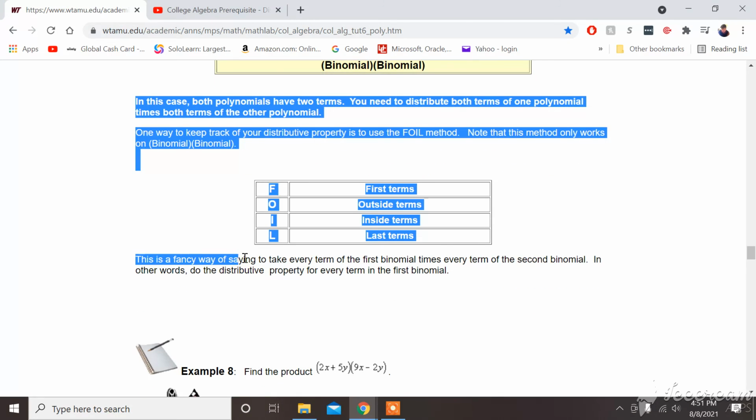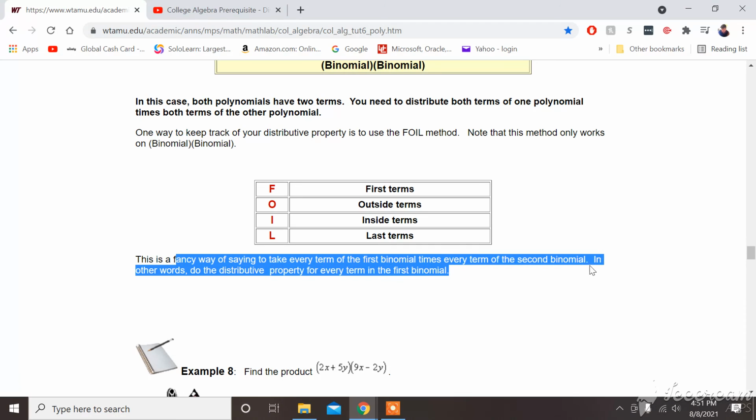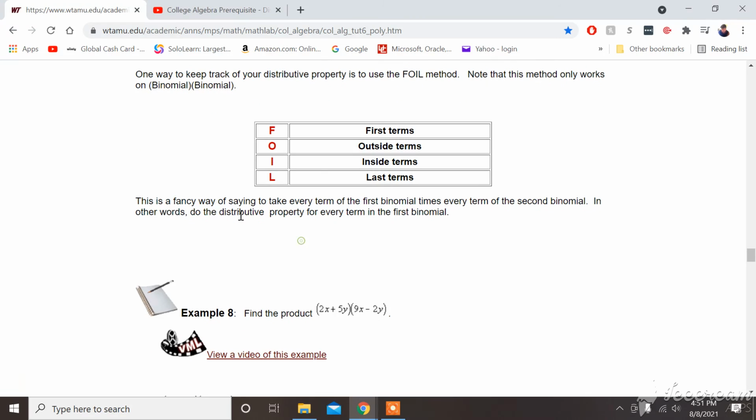This is a fancy way of saying to take every term of the first binomial times every term of the second binomial. So this is going to be multiplied by this, multiplied by this, multiplied by this.